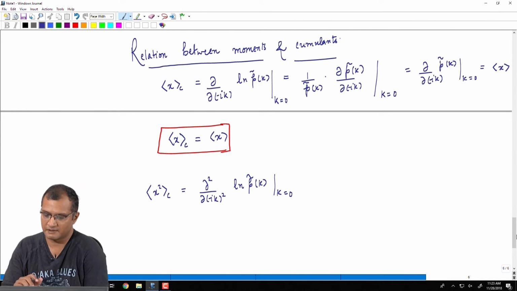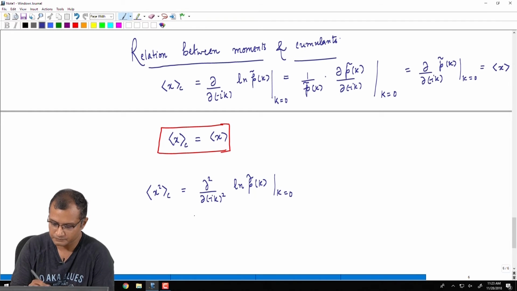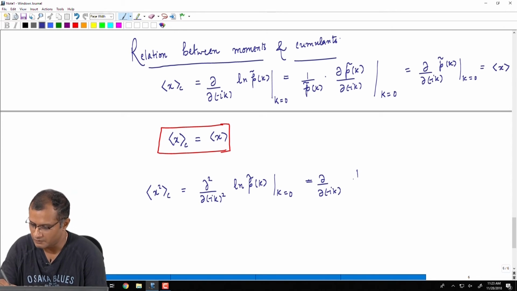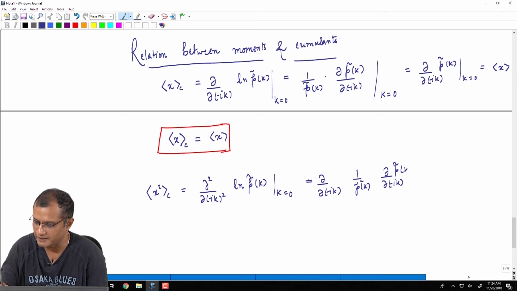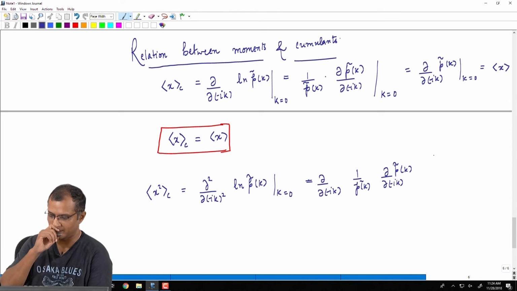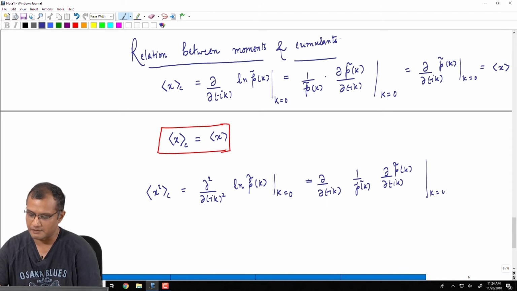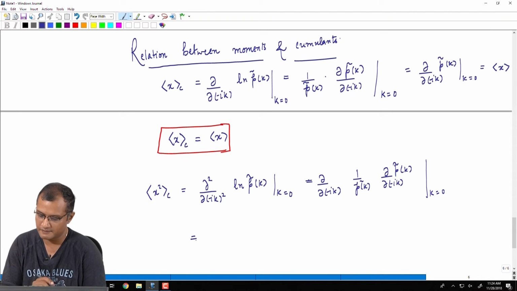We already have the first derivative extracted. So, this would be just the derivative of 1 upon p of k into d by d(minus ik) of p of k. All this is taken at k equals 0. So, let us take the second derivative.